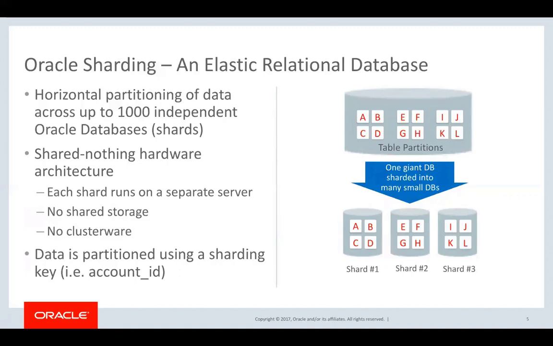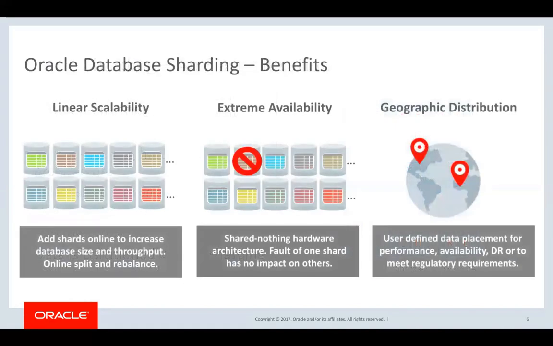And these databases are hosted on typical physical servers, or even for that matter, virtual servers, which have their own resources. There's no clusterware, there's no shared storage for these shards, right? And the data is distributed across all these shards based on the key that you get to specify when you design your sharded database. Okay.